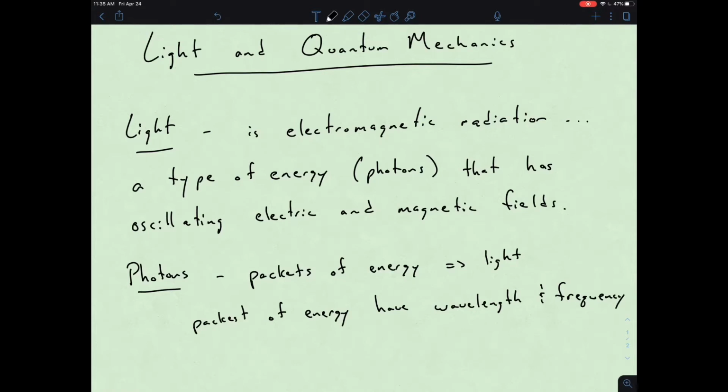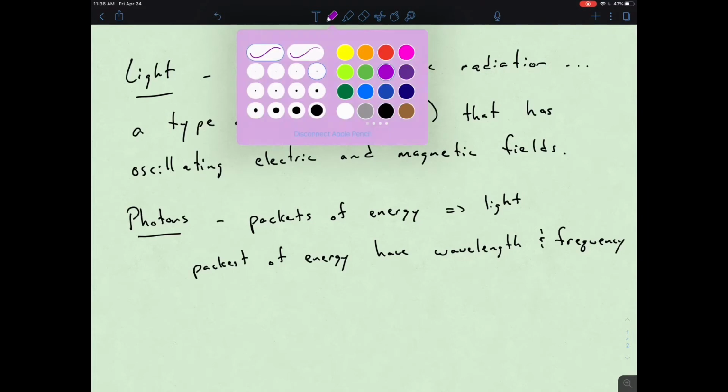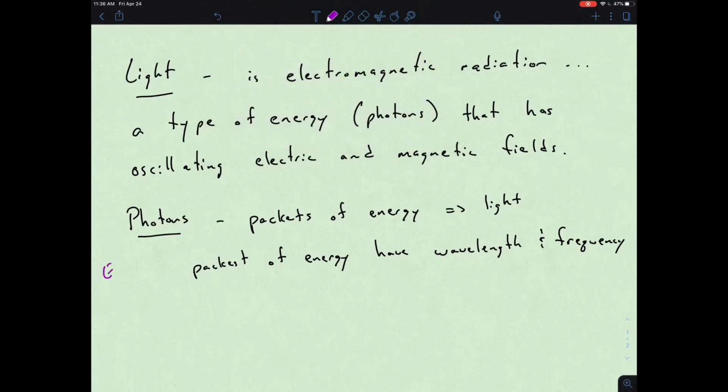So there's a correlation between this idea of energy and then wavelength and frequency, which we'll get to in a little bit. So we got light, we have photons. Photons, this idea of packets of energy, which we thank Einstein for.